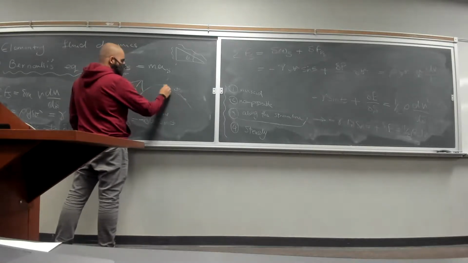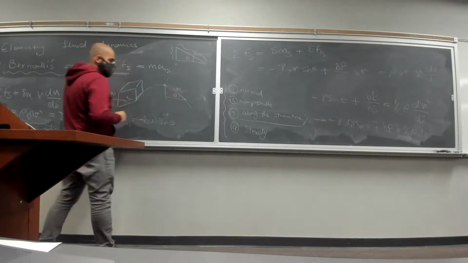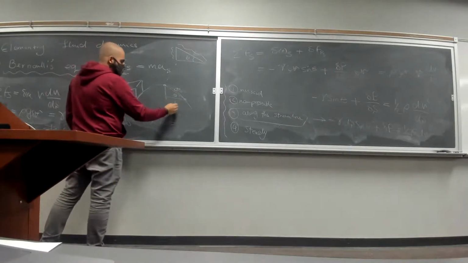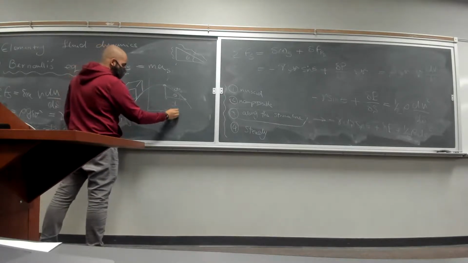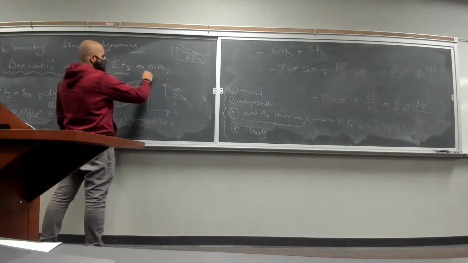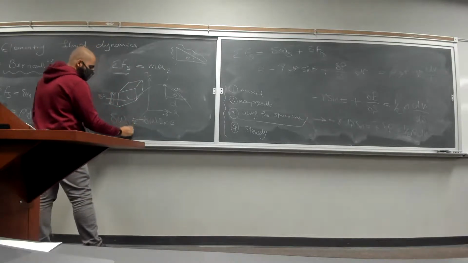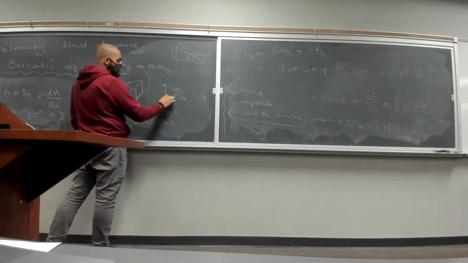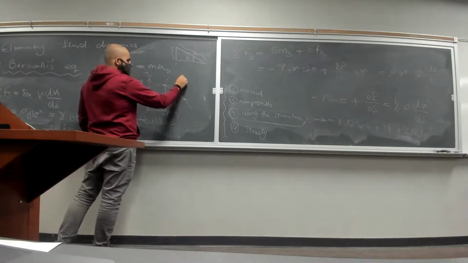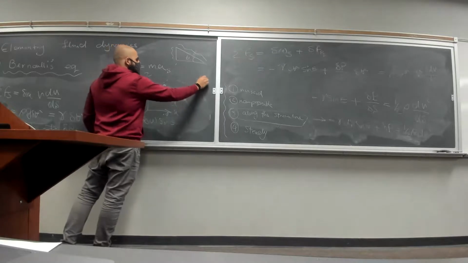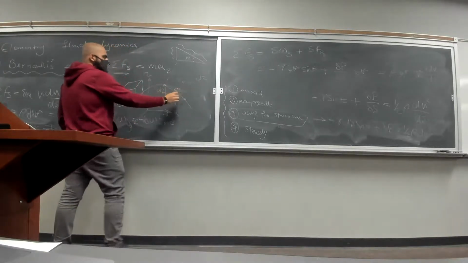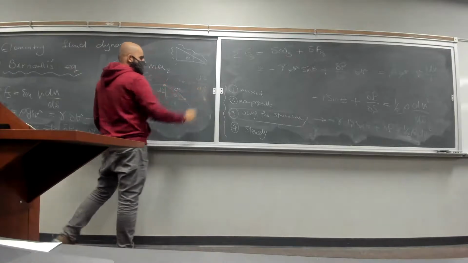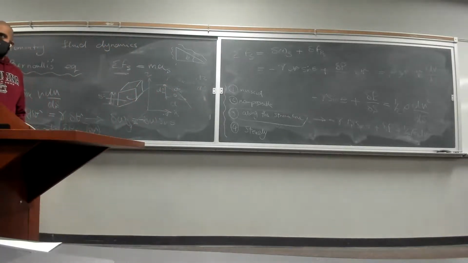This is your ds. This is your theta, right? And this was our original x and z, if you recall, that I had over there. And we had a y while we are doing a two-dimensional analysis here. So your sine of theta is going to be equal to dz divided by ds.